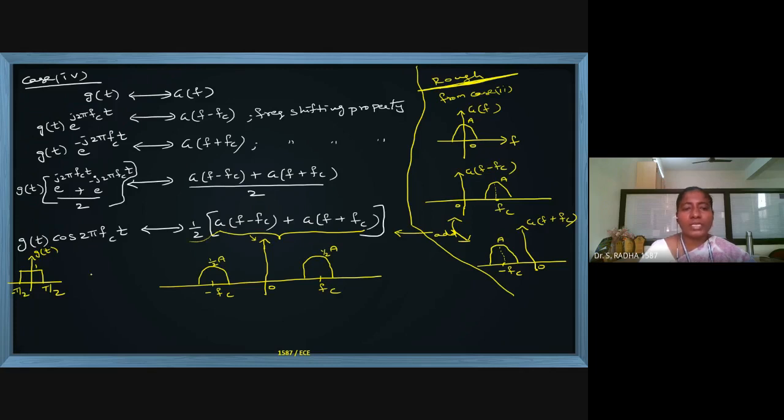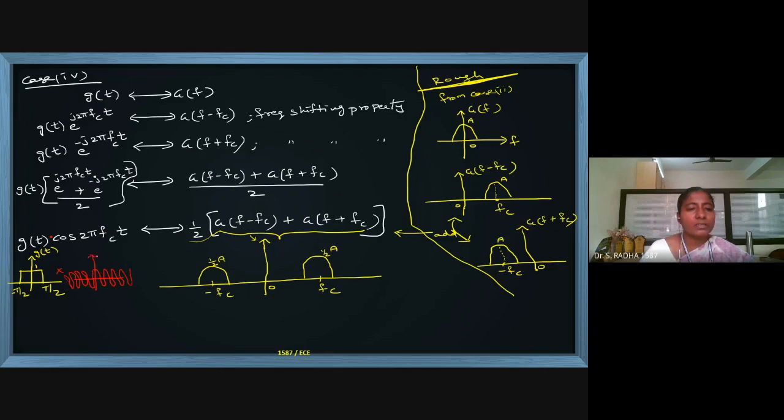One more cosine is there. So it is multiplied. You can see here it is multiplied. G of t into cosine. So I will multiply this with a cosine waveform. How will the cosine waveform be? From the y-axis it should start. It is similar to a sinusoidal waveform and it exists on the negative side also.